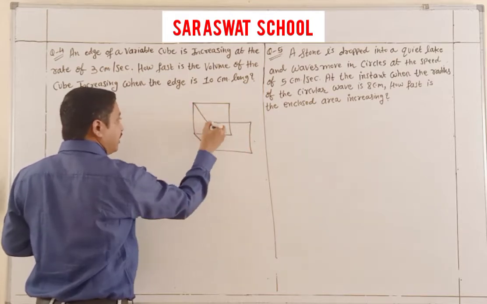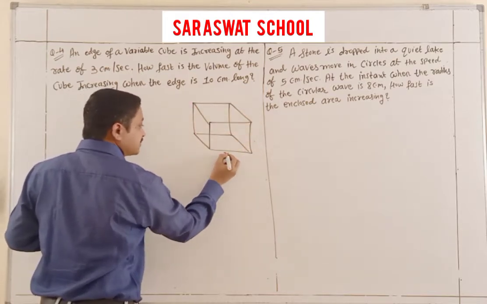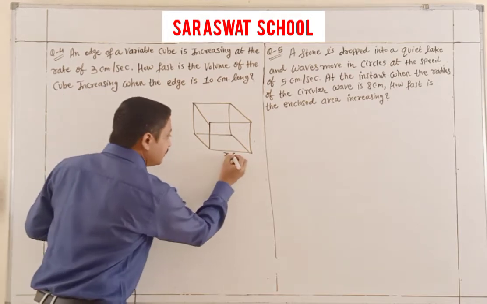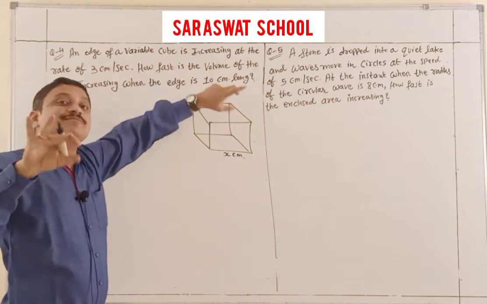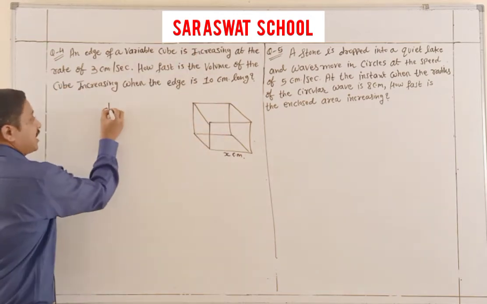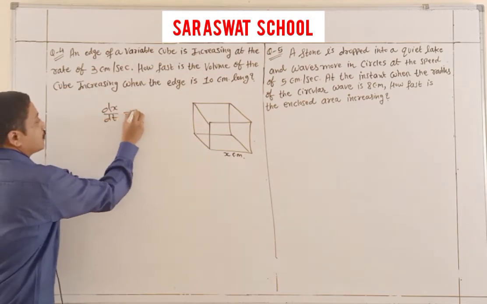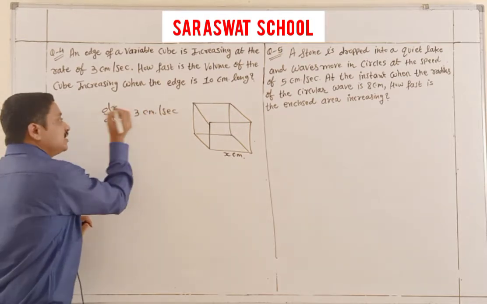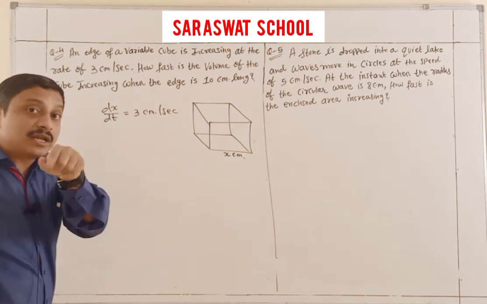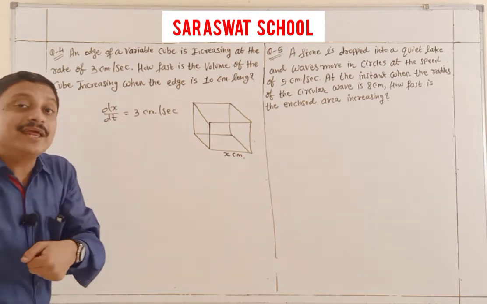Consider this is one of the cubes, having a length x centimeter, and given that its edge is variable. If the side is increased, dx versus dt is 3 centimeter per second, it means here the value is plus 3. Sometimes a decrease is given, so you take minus 3.